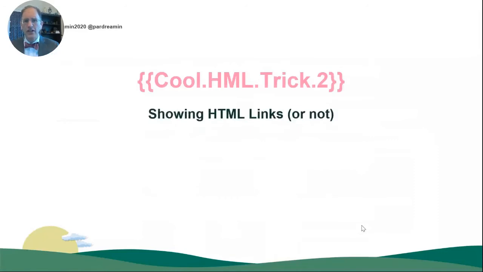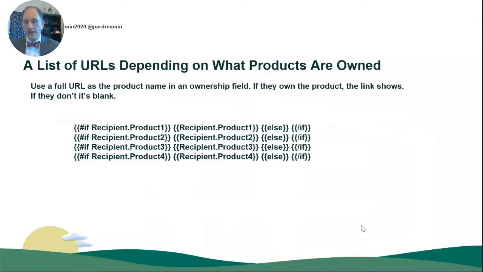All right, trick number 2, showing HTML links or not. One thing that you can do with a custom field in Pardot is you can have a full HTML value in there. So for example, if somebody owned a specific product, you could show them the product URL as a piece of your content.